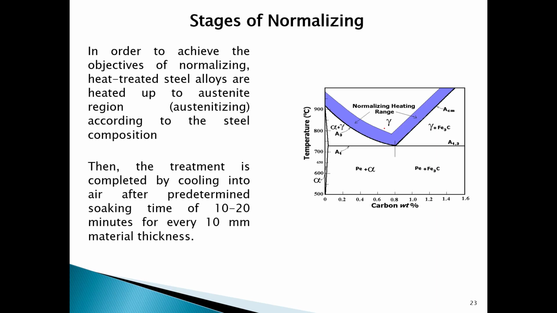Stages of normalizing: heat-treated steel alloys are heated up to the austenite region according to the steel composition. Then the treatment is completed by cooling in air after a predetermined soaking time of 10 to 20 minutes for every 10 mm thickness. So this is the normalizing region.